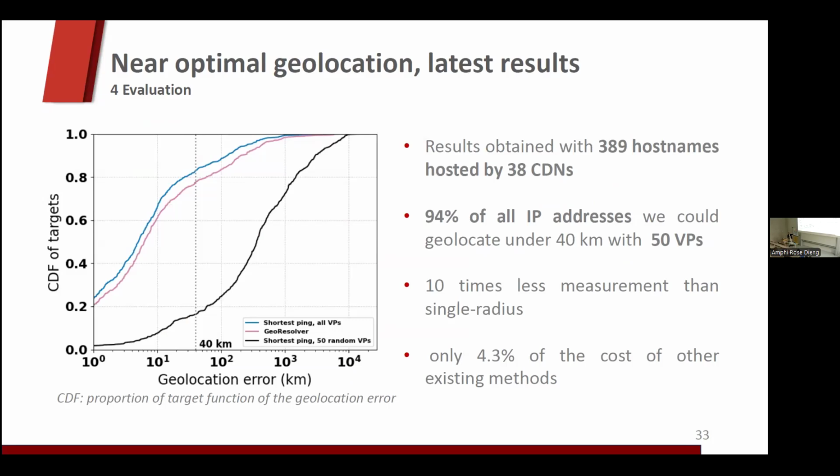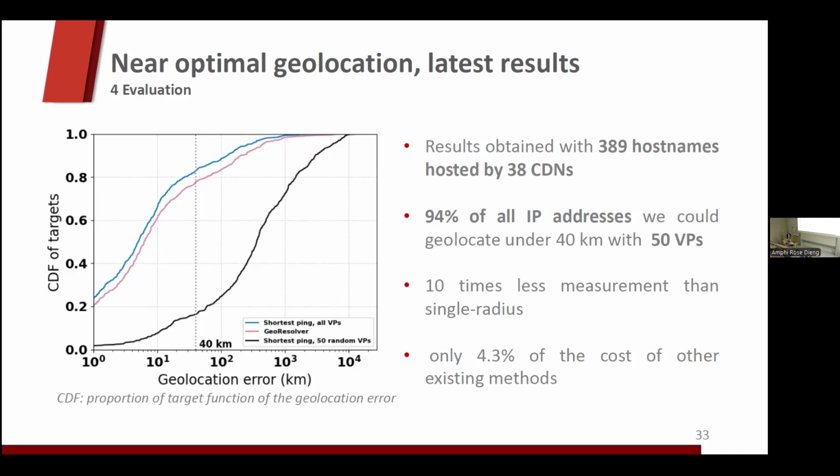We performed the ECS resolution on 389 host names. So I spare you the details on how we selected those host names, but the idea was to maximize the diversity of the CDNs present within the dataset while keeping a balance in the representation to avoid giving too much importance to a particular CDN, to a particular redirection strategy or geolocation knowledge.